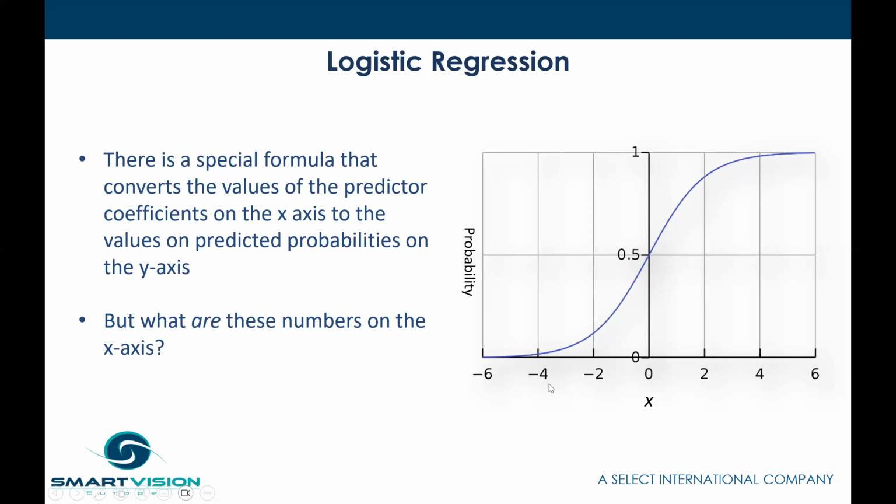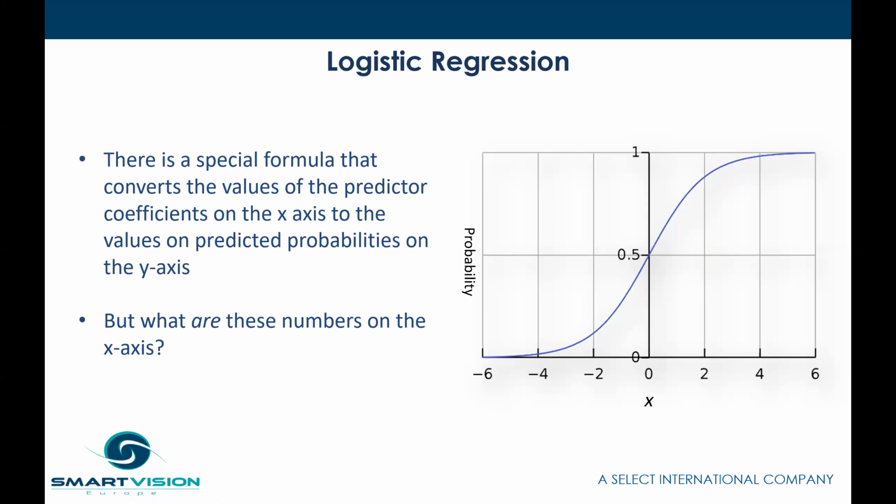Its job is to convert these numbers into probabilities. The formula happens to be 1 over 1 plus e to the power of minus z, which you're probably not going to remember, but it's regarded as a fairly simple link function, and it just converts the output from a logistic regression and other types of regression into something meaningful, which is probability.